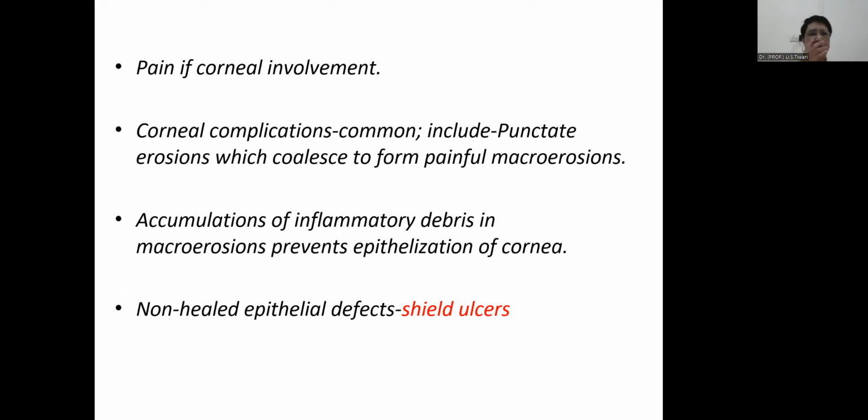The features also include pain if the cornea is involved. The corneal complications are quite common. They include punctate erosions which coalesce and form painful micro erosions. Accumulation of inflammatory debris in the micro erosion prevents ready epithelialization of the cornea, and non-epithelial defects are produced, which we call shield ulcer.